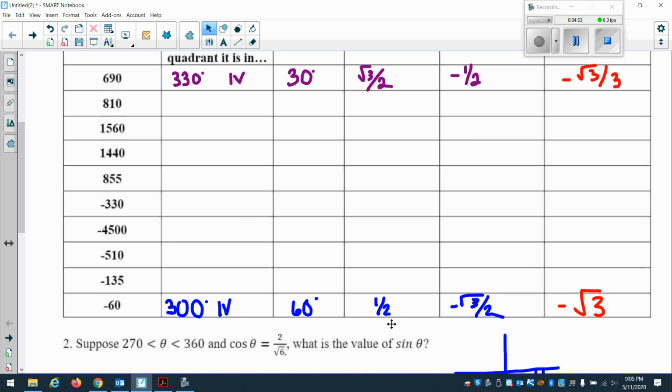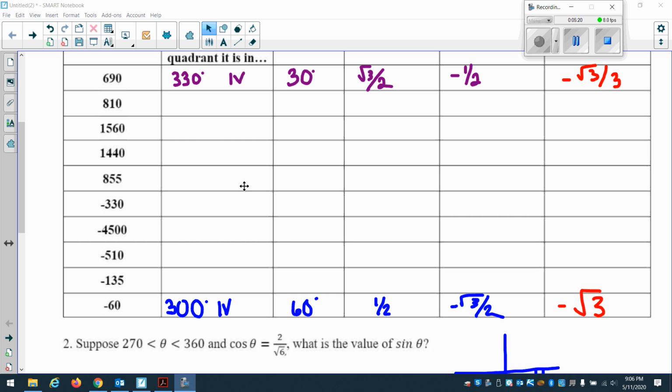That coordinate is 1/2 and negative root 3 over 2, which is x positive for cosine, y negative for sine, and tangent is y over x. So negative root 3 over 2 over 1/2, multiplied by the reciprocal. 2's cancel, so you end up with negative root 3.